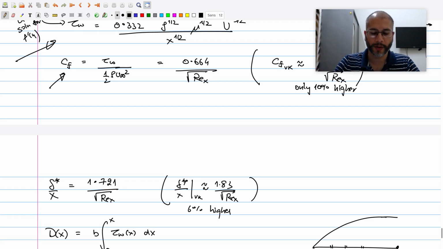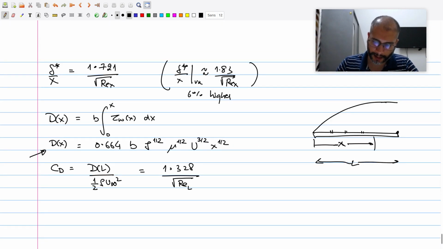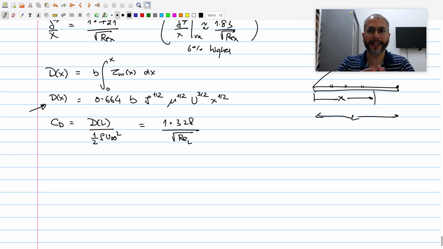CF has information about the local shear stress at that particular x value, because this is a function of x, and CD has the information about the integrated value of the wall shear stress resulting in the total drag on the plate. If I compare this, what I see is this is 2 times the CF value at x equal to L.